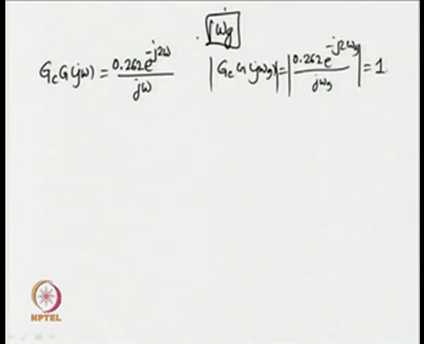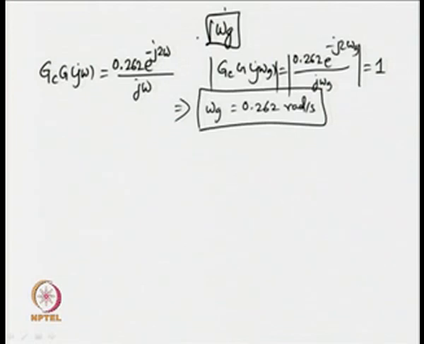So, this will give us obviously omega g equal to 0.262 radian per second. So, this is known as the gain crossover frequency of the system. What information do we get from this gain crossover frequency? Let us find the phase of the system at this gain crossover frequency.